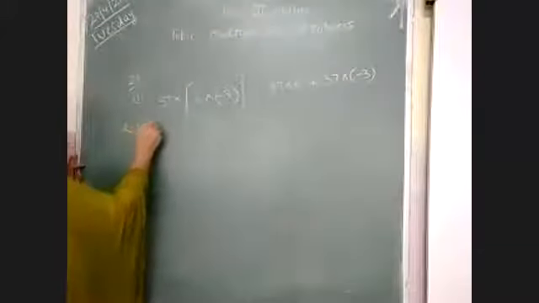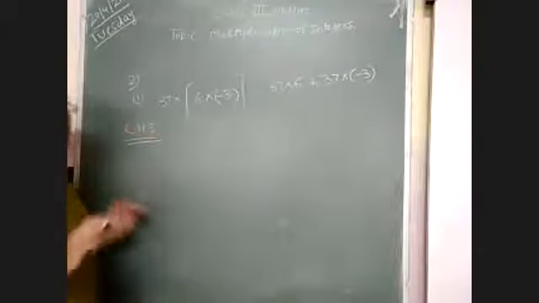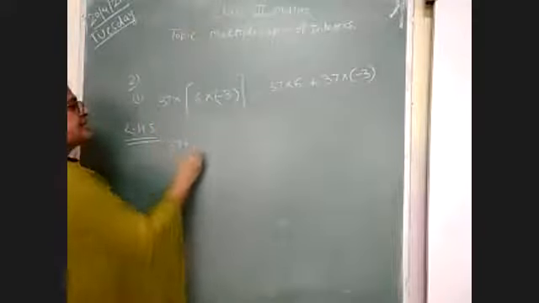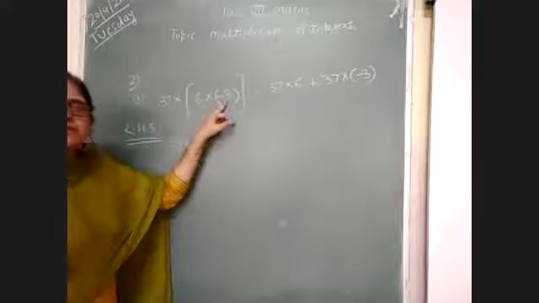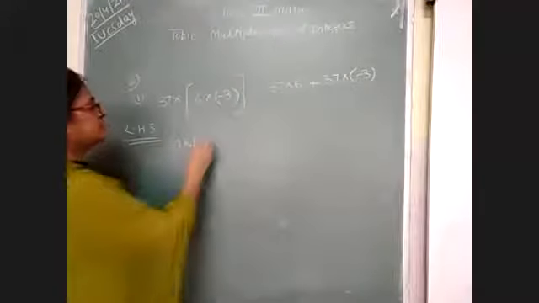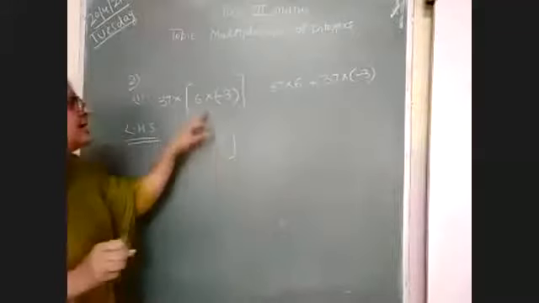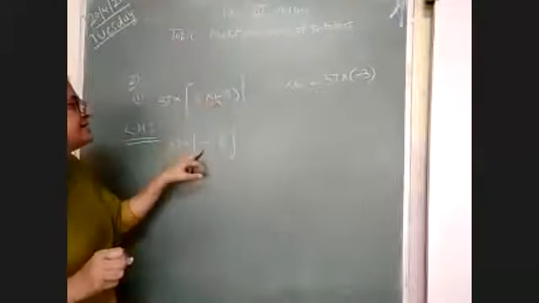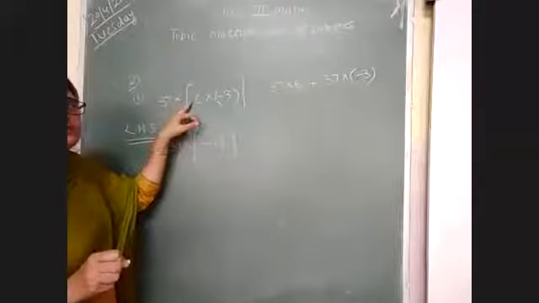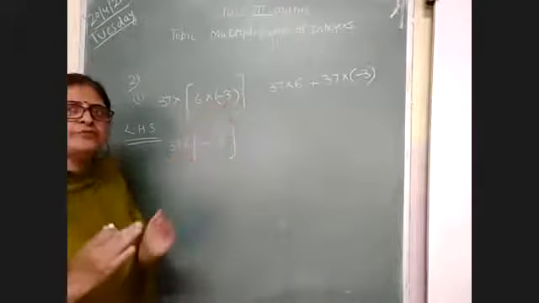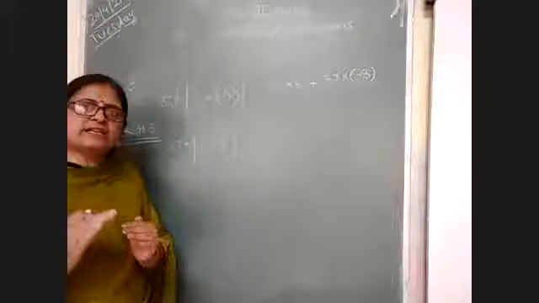So first I will take the left hand side. In the left hand side, how will we solve it? 37 multiply by 6 plus -3, it is equal to 37 multiply by 3. Here a positive sign is given, here the negative sign is given. Positive multiplied by negative, the result is negative.